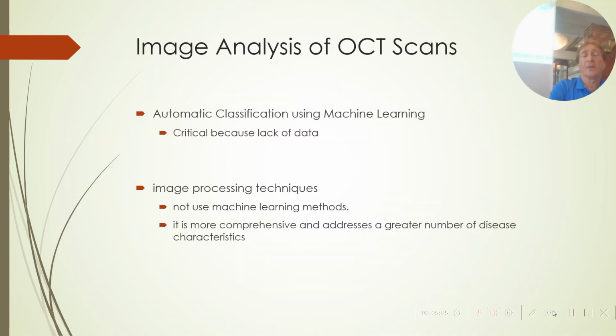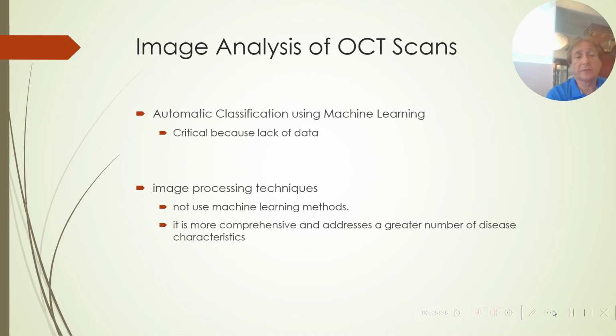So the main approach to detect this disease is, of course, image analysis, and of course, machine learning could or should be the first choice, but we have here a small problem because we don't have enough training data.